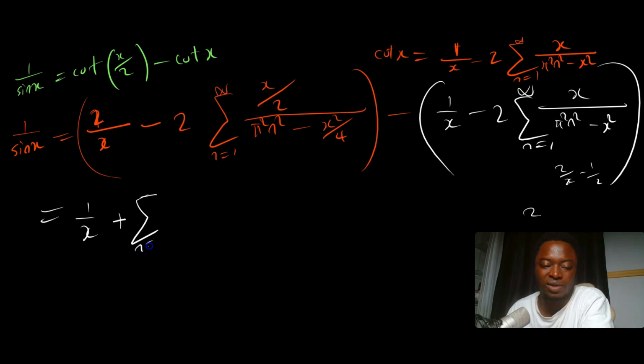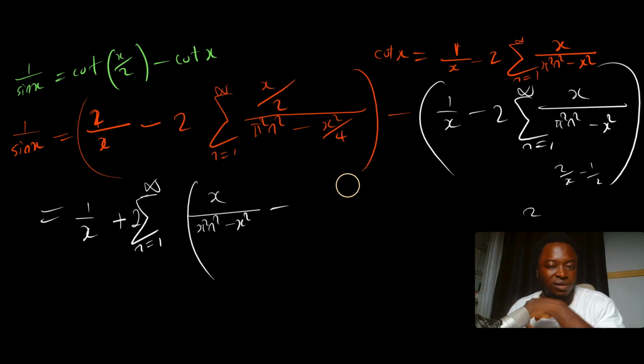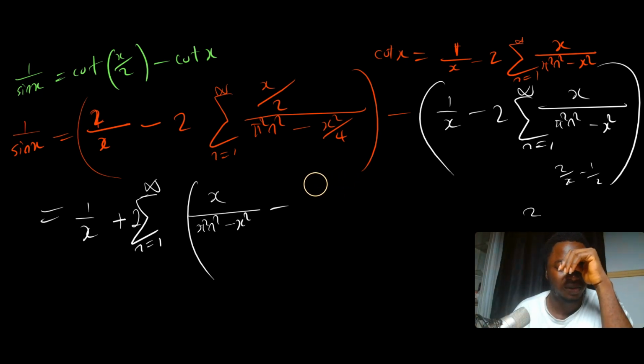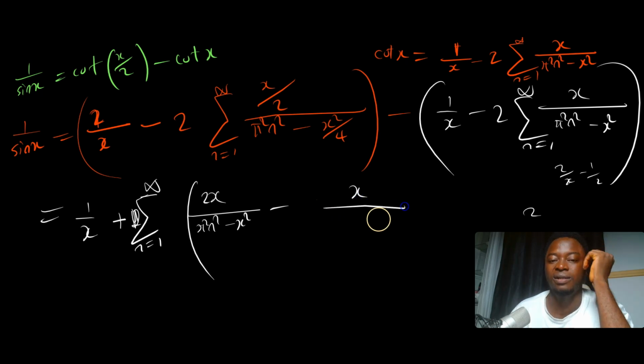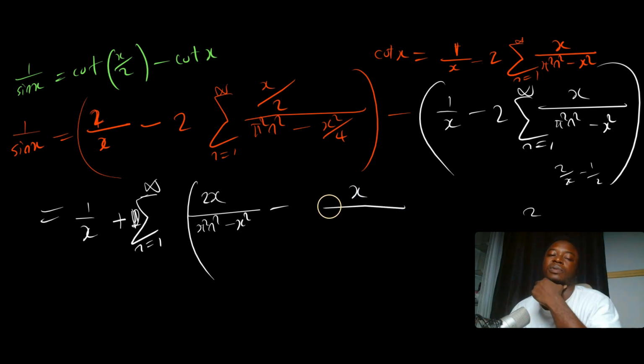as n runs from 1 to infinity of, you would have the first denominator here, x over pi squared n squared minus x squared, subtracting x divided by pi squared n squared minus x squared over 4.